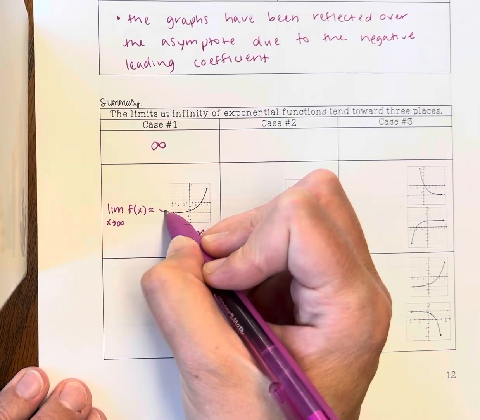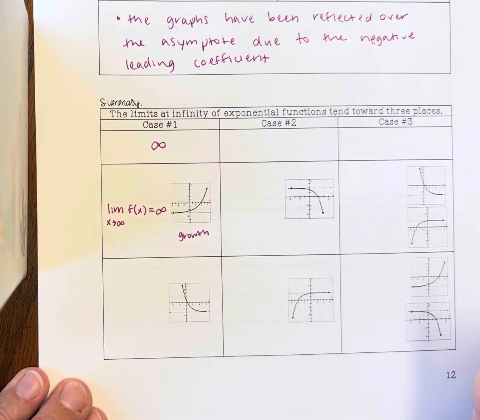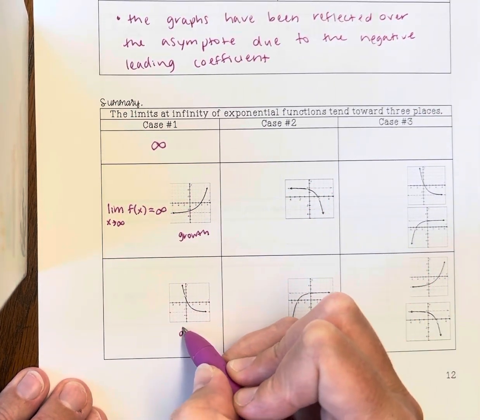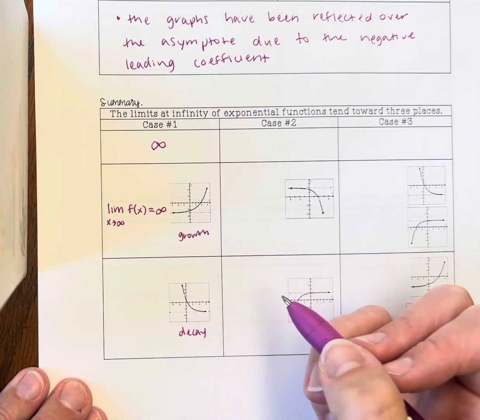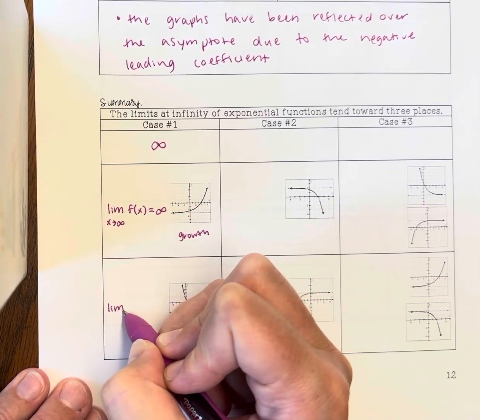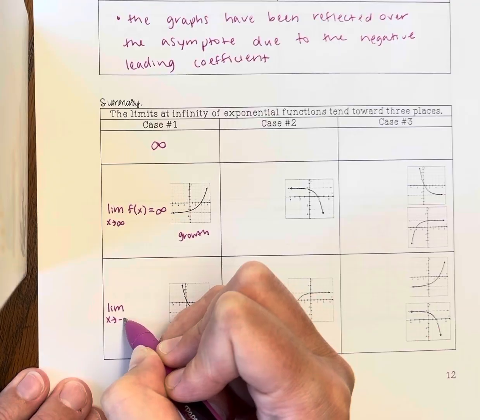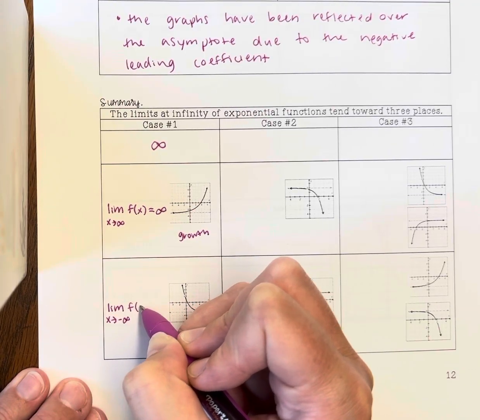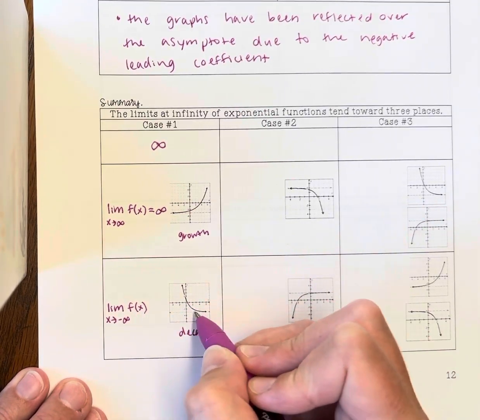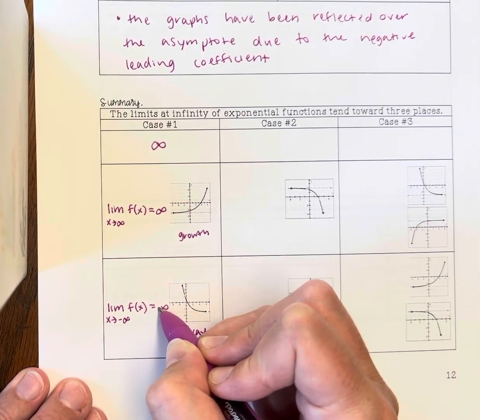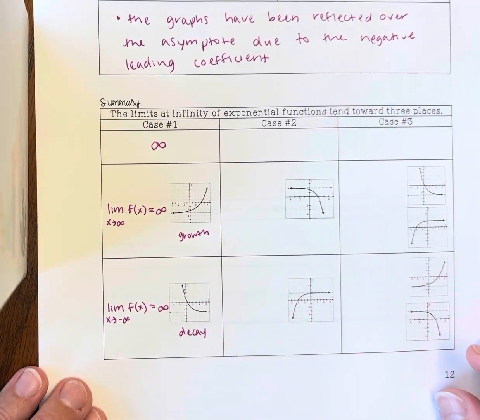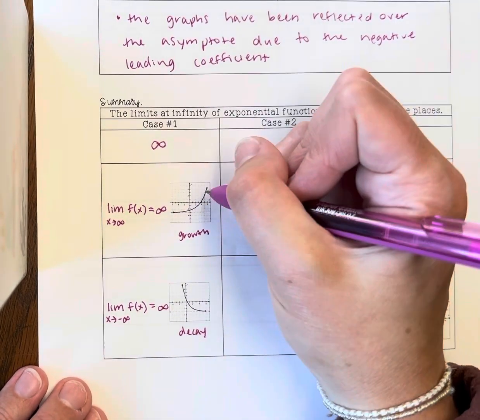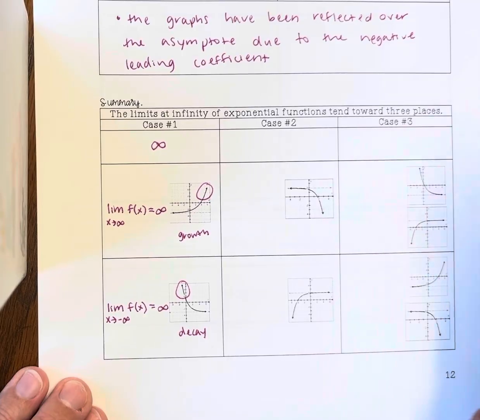That answer is always going to be infinity. Or if you have an exponential decay graph and you're doing the limit as x approaches negative infinity of some function f of x, that's a decay graph. That's happening again here and here.